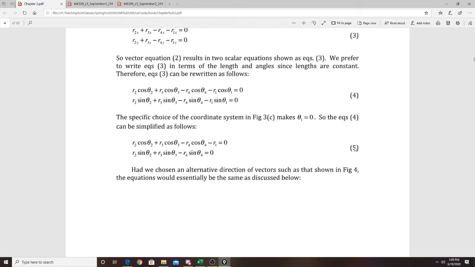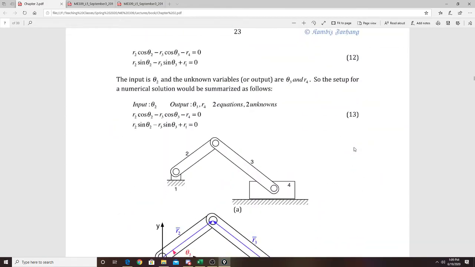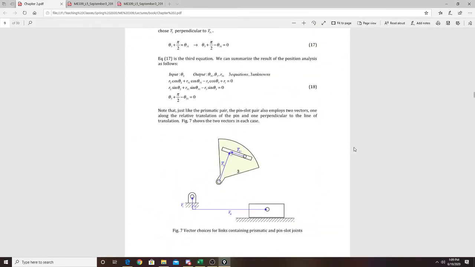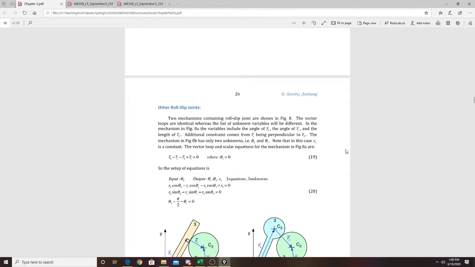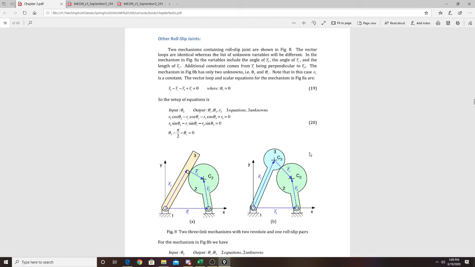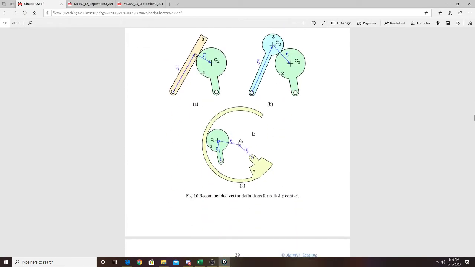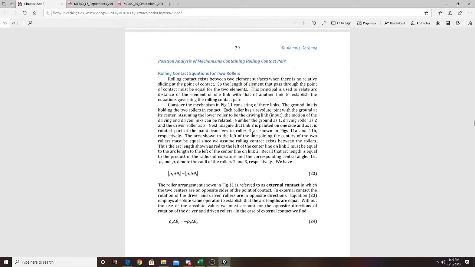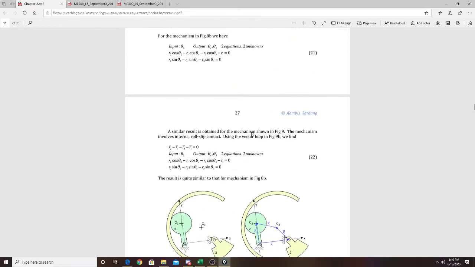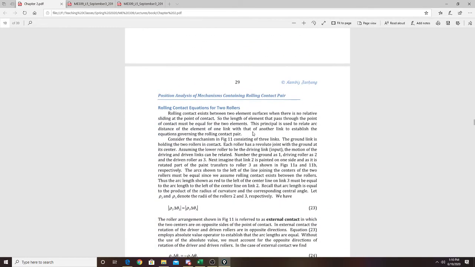The next thing is that we are going to do some other examples. We have to do rolling contact. That's right, rolling contact, I forgot. Let me see where it starts. Yeah, rolling contact, right here.